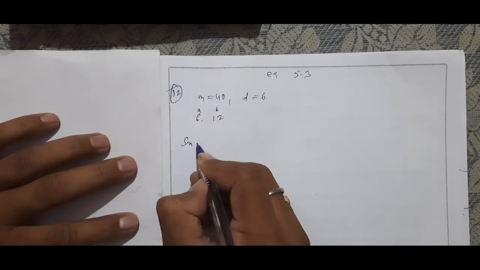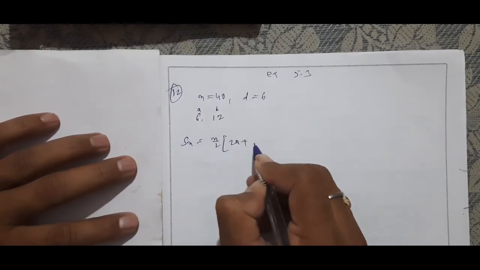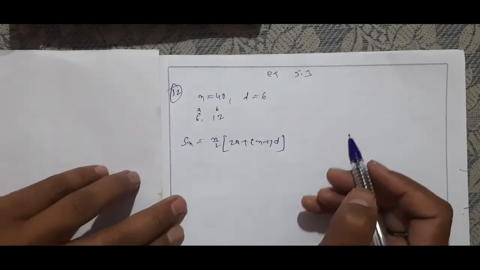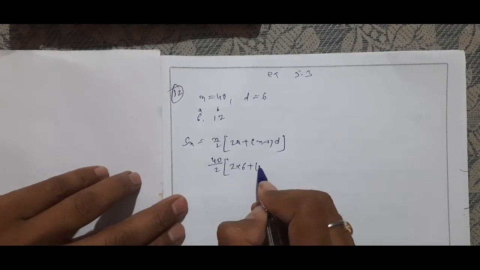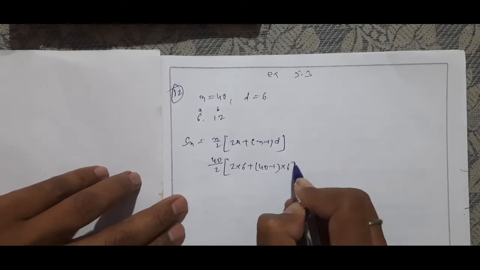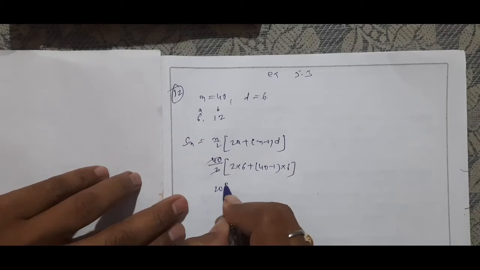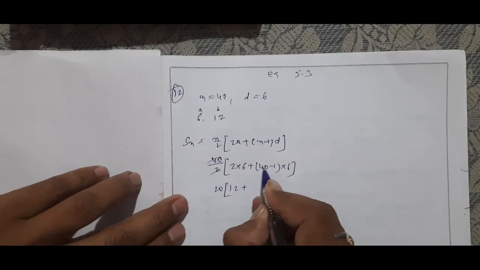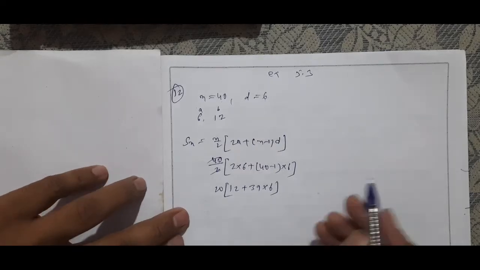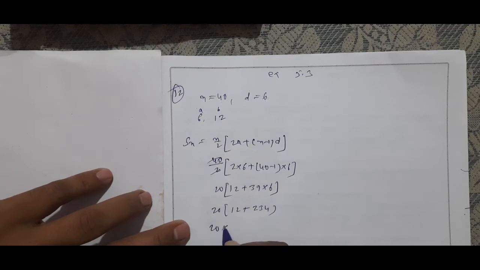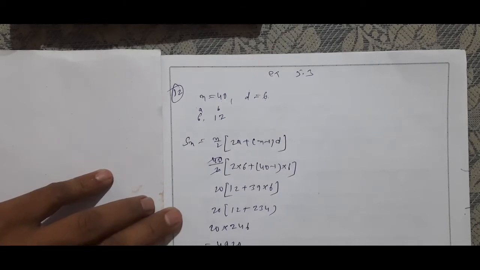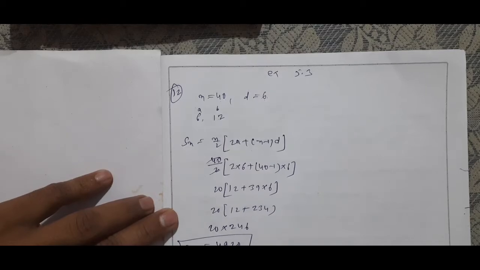Now use the Sn formula, n by 2 into 2A plus n minus 1 into D. So 40 by 2, 2 into 6 plus 40 minus 1 into 6. That is 20 into 12 plus 39 into 6, which is 234. 20 into 246 is 4920, the value of S40. This is the answer.